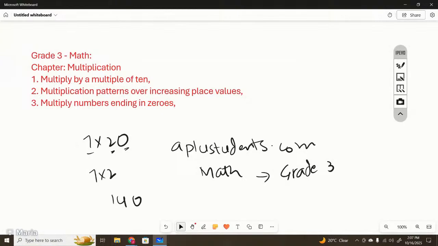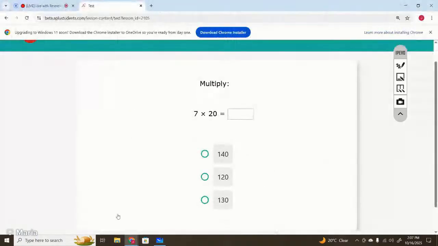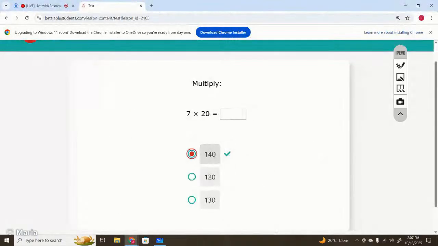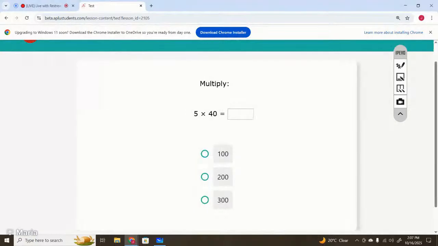The correct option is 140. Multiply 5 times 40. So just multiply the non-zero values.